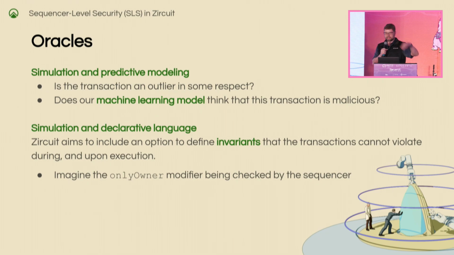So we want to step up the game, and what Zircuit is going to do is provide some declarative language where you, as the developer and deployer of a smart contract, can identify for us the intentions that you had for the smart contract and the invariants that should never, ever be violated in the execution of any kind of transaction. So here, we are actually doing something very interesting because we are opening a very new way of doing clever things with smart contracts.